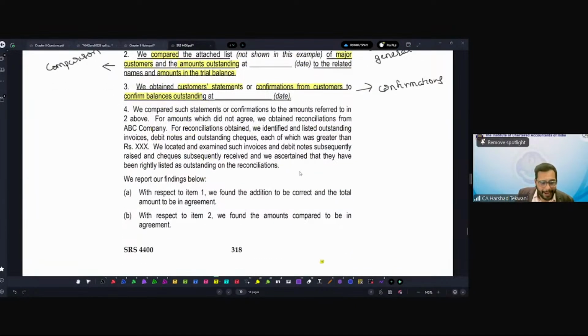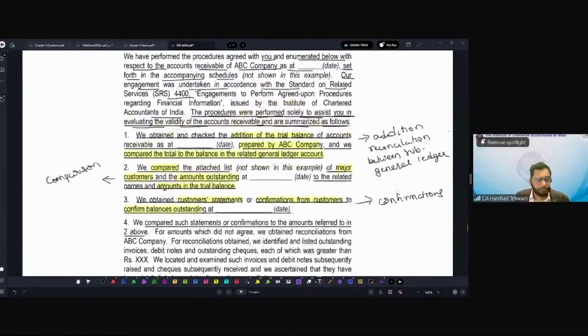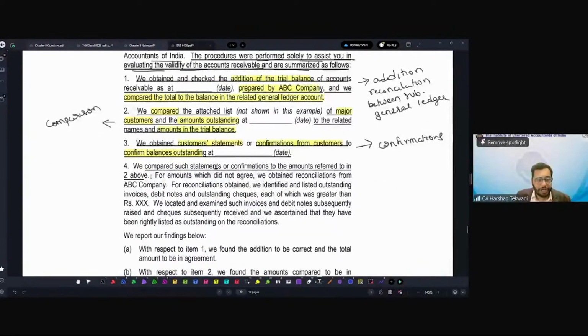We have compared such statements, confirmation of the amount referred into clause 2 above, this one over here. For amounts which did not agree, we obtained reconciliations from ABC company.